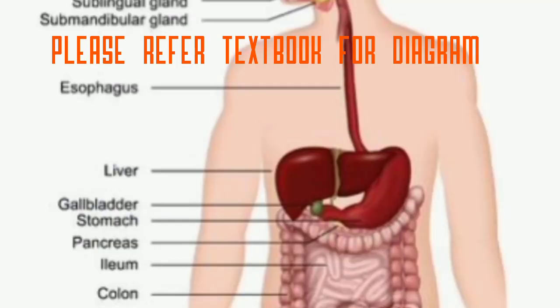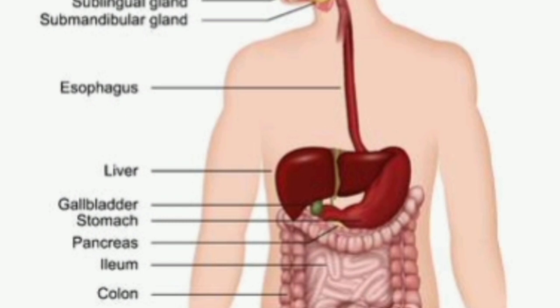This is a diagram of the human digestive system. If you see this diagram, we can understand how the digestion process takes place inside a human body. And you must know one thing, that in the human body two types of digestion take place.